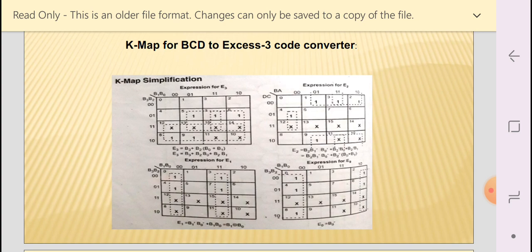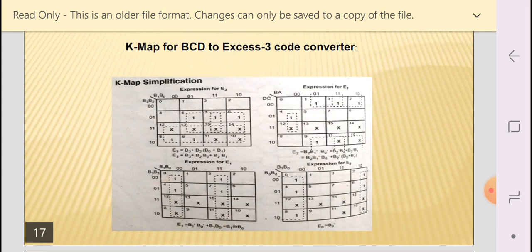So first one is for E3. Look at the first K-map. On the extreme left side are the inputs B3, B2, and the corresponding values are 00, 01, 11, 10. Here also for B1, B0 it is 00, 01, 11, 10. You have to first write down the positional weight of each box. There are 16 boxes.